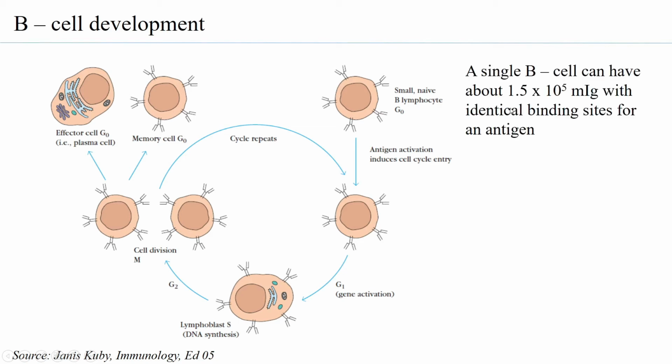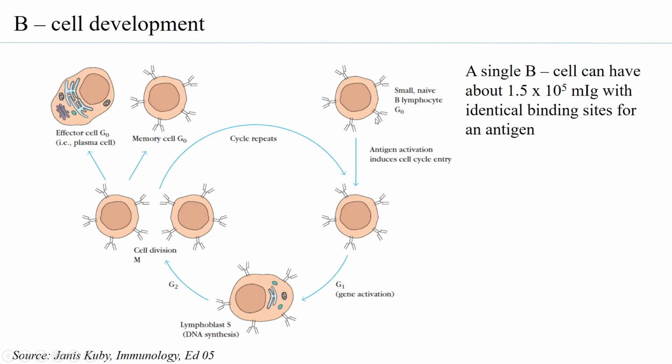So, a single B cell can have about 1.5 x 10^5 membrane Igs, that means BCRs, that is B cell receptors. And all the B cell receptors on a single B cell will have the same binding site for a particular antigen. You will not find different antibodies in one B cell with the ability to bind to different antigens.